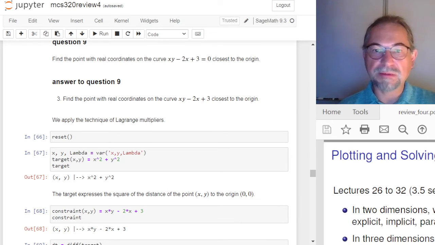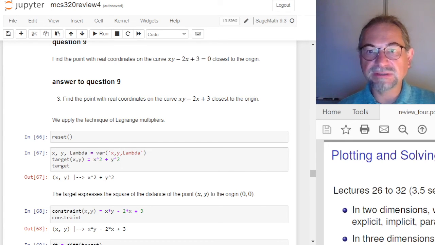If you put x squared plus y squared minus 1, you have all points that are at distance 1 from 0. Here we are trying to minimize the square of the distance of any point xy. It's a point xy that lies on the curve, so defined by that constraint.